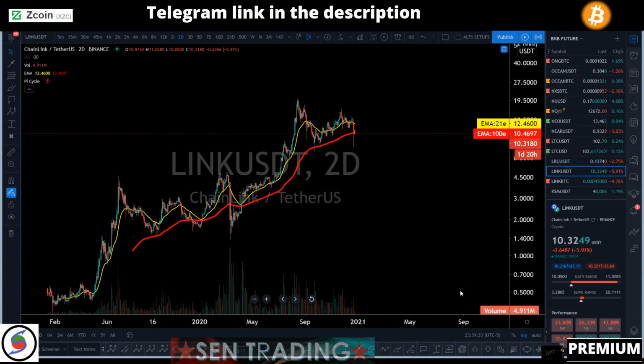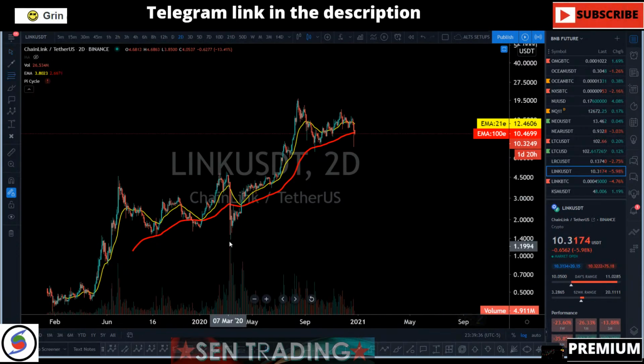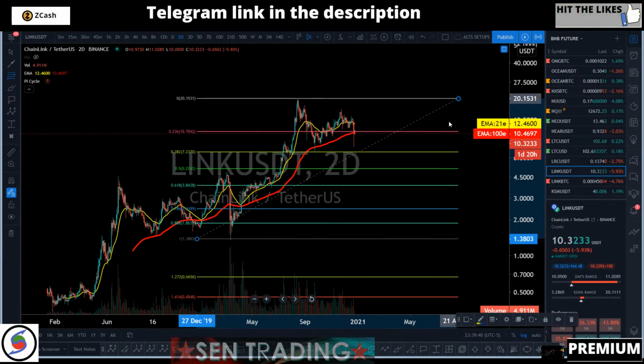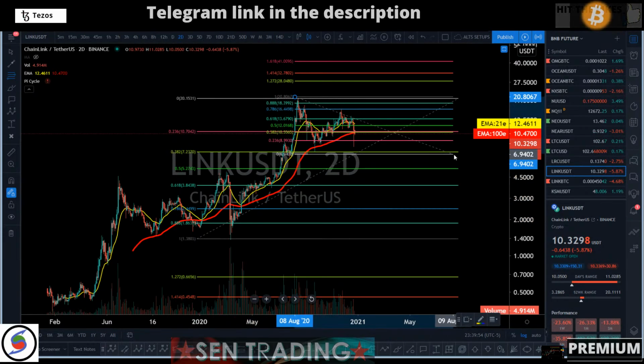If you take a look at Link BTC, swing low to swing high, what we did was the move was pretty overextended from 0.382 up to basically not even 0.236, but like 0.786 right there of the previous move, I mean, of the reversal.